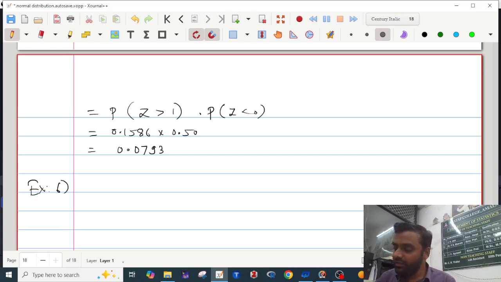And the last example is based on the central limit theorem. Then we stop.